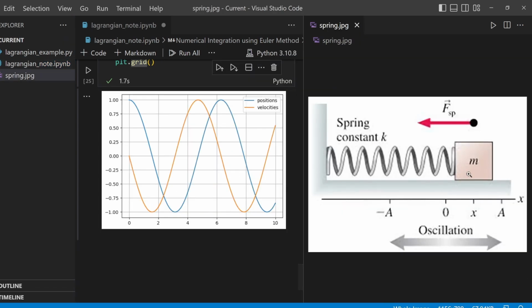Alright, so you see here, at t equals 0, the position is at 1, for example, so right here. The initial velocity is 0. And then it oscillates back and forth between a and minus a, or in this case, between 1 and minus 1. And so does the velocity.